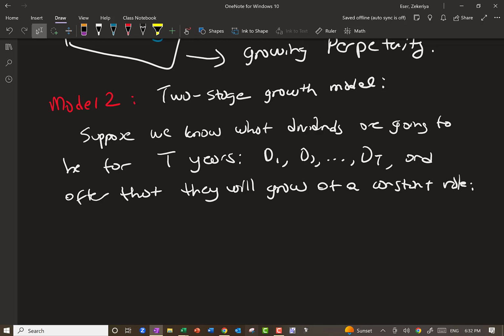That means value is going to be the present value of the known dividends plus the value of the company at the end of T.